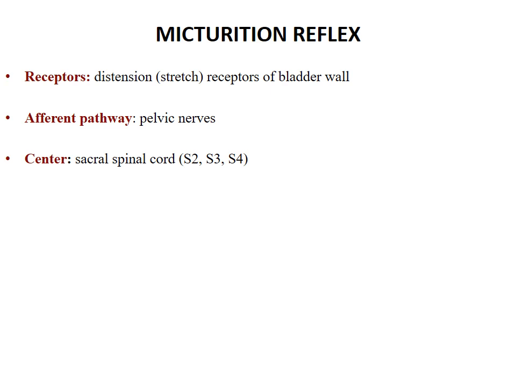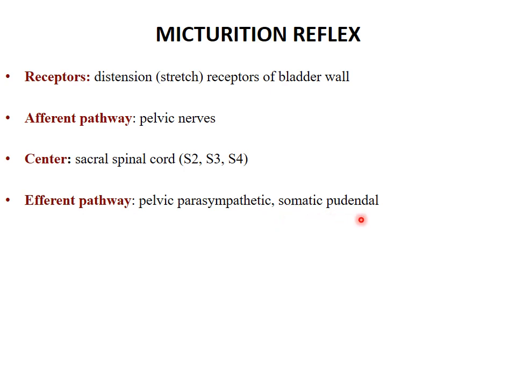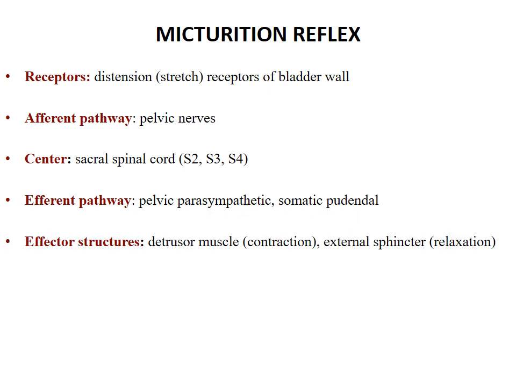So the afferent pathway is the pelvic nerves, which carry the stretching or distension of the bladder. The efferent pathway is pelvic parasympathetic and somatic pudendal. When you hear the term somatic, it means it is voluntary. Parasympathetic means it is involuntary. The effector structure is the detrusor muscle.